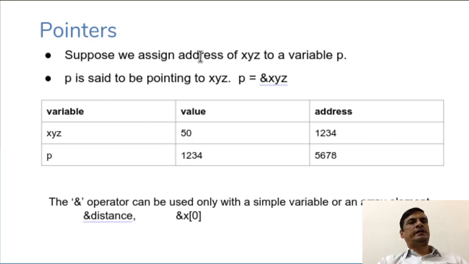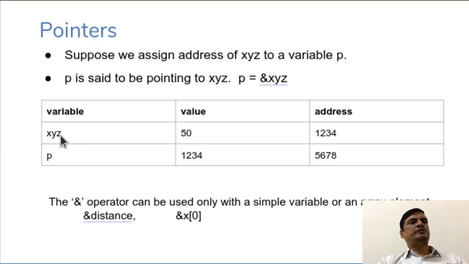suppose we assign the address of xyz to a pointer variable p. Say p has been declared as a pointer variable which points to an integer data type, then we can assign it like this: p equal to address of xyz. So in that case, you need to clearly understand this concept.